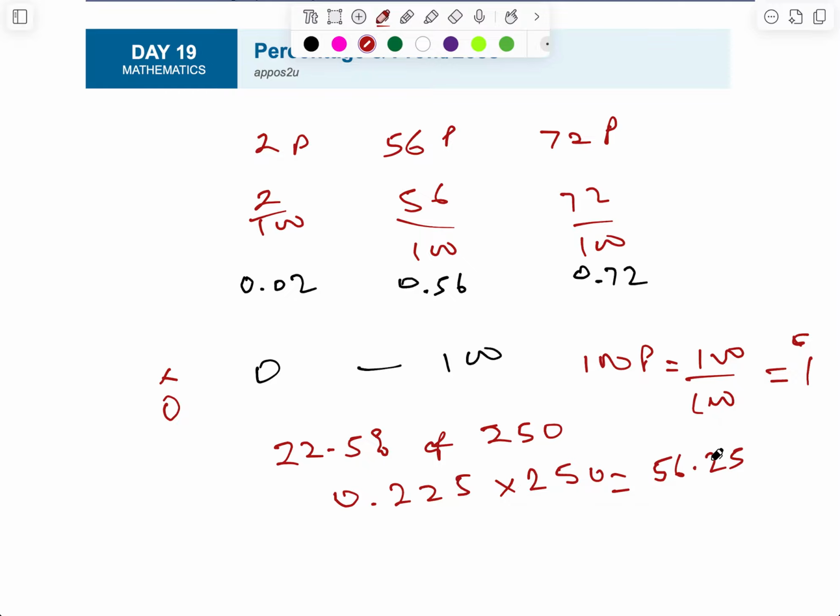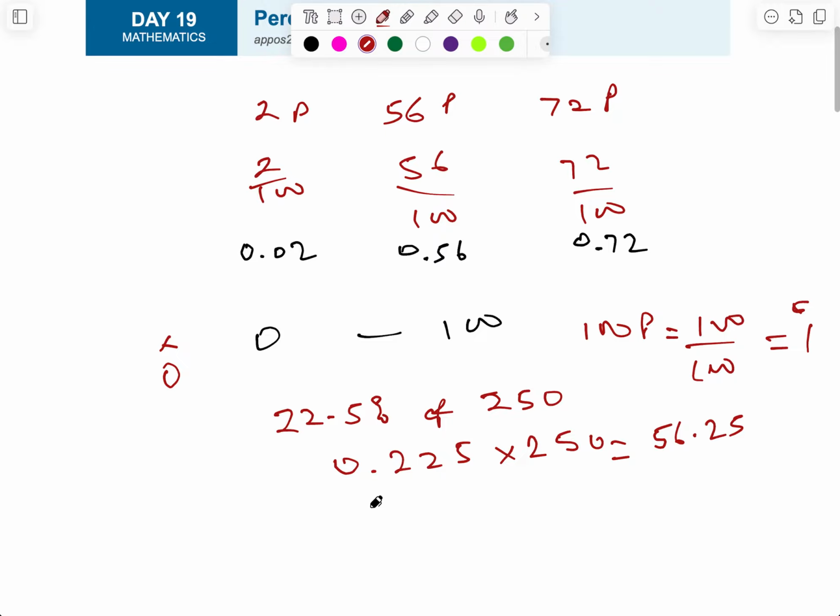What this means is that you can actually get the percentage that is left as well. You can subtract this from 100, that is 100 minus 22.5%. So if a question says that after giving out 22.5% of a set of 250, how much is going to be left, you don't necessarily have to calculate 22.5% to get 56.25 and then remove it from 250.